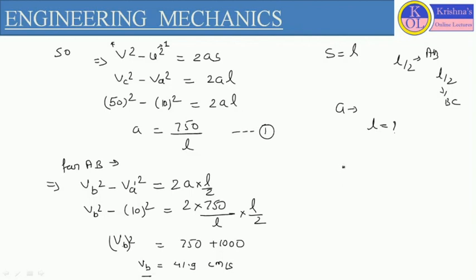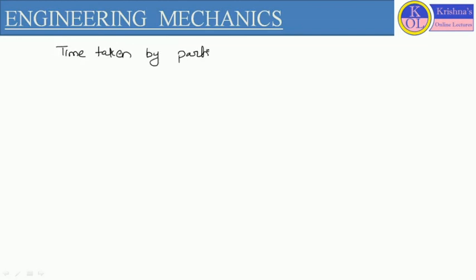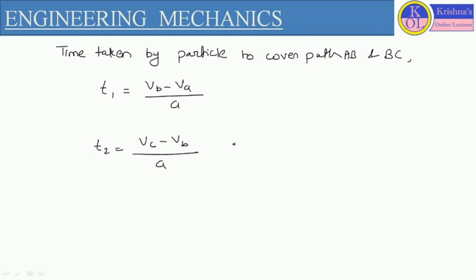Now let's define the time taken by the particle to cover distance AB and BC. We are considering T1 as the time taken by the particle to cover path AB. So it will be VB minus VA by A, where A is the acceleration.